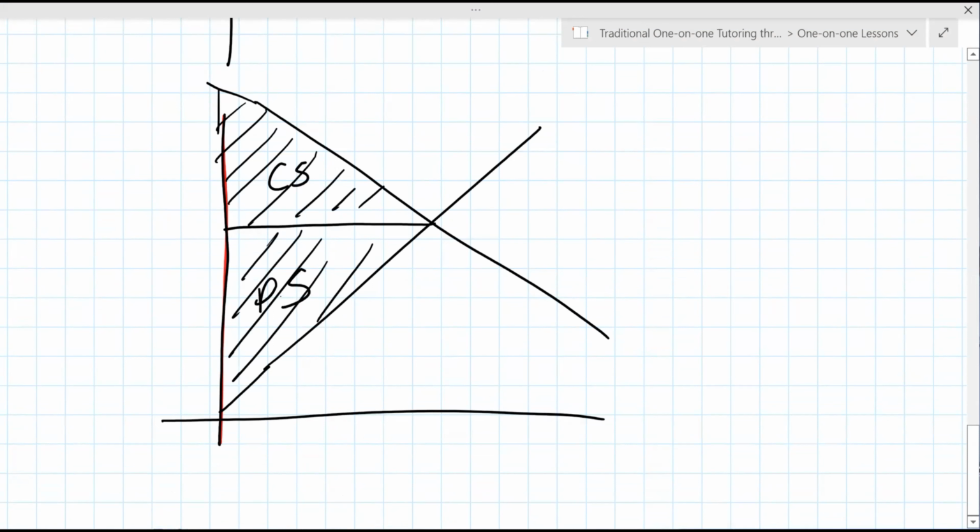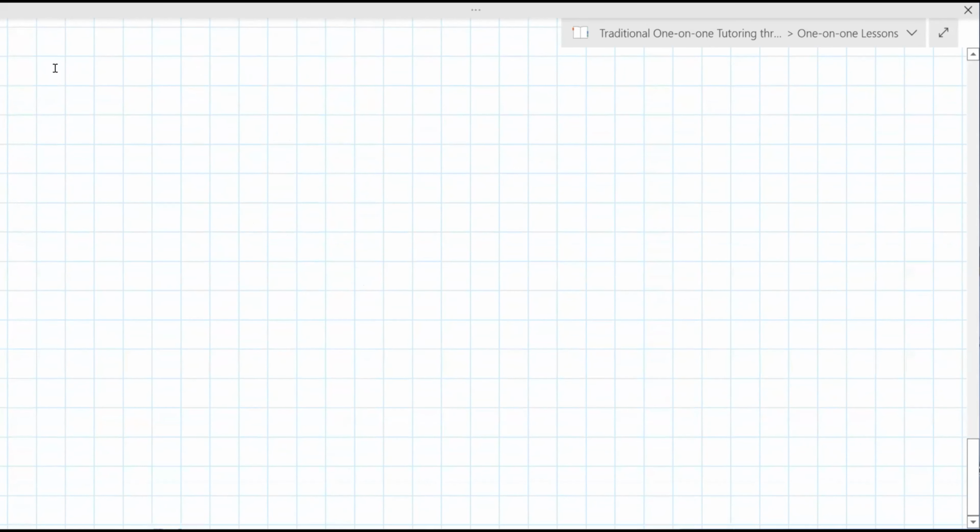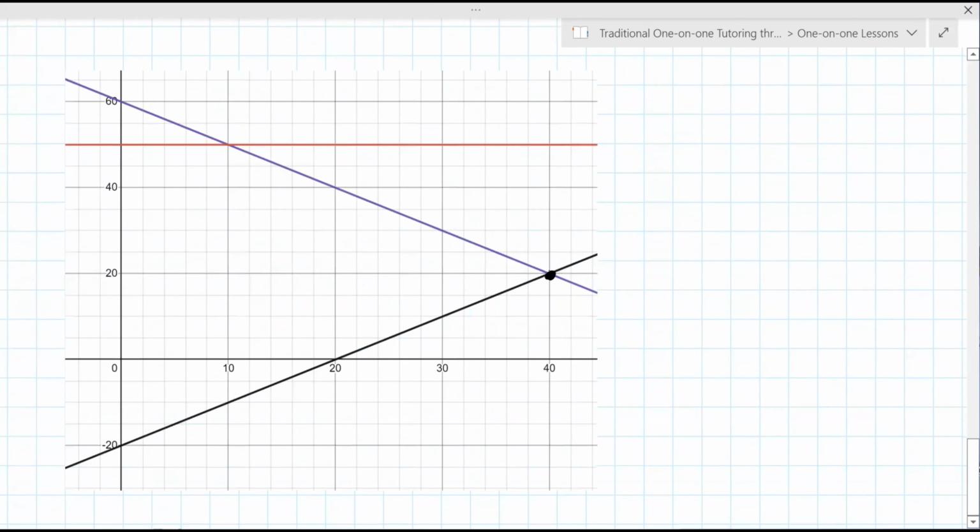So in the scenario that we talked about from the beginning, let me go back and grab the graph. Let me just reframe this slightly. It's kind of awkward because it's solved for the wrong variable, but this is where they intersect.